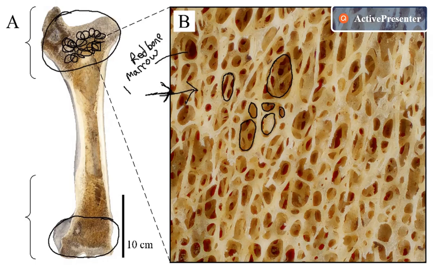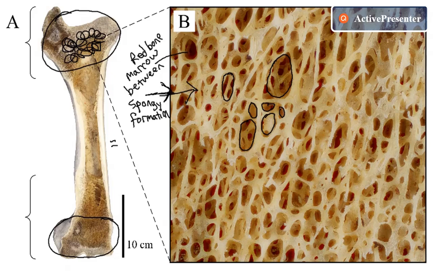Red bone marrow between the spongy formation. And the spongy formation technically is called the trabecula. And you might hear that word again in anatomy for some other things that look really similar.